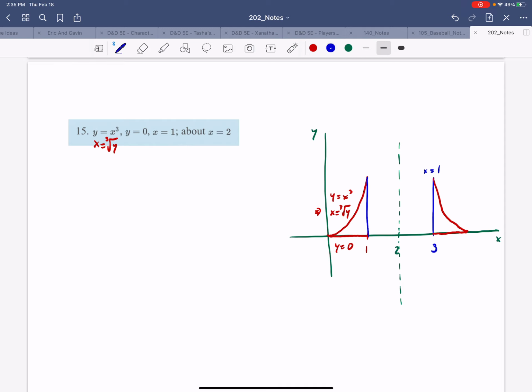Now, when we rotate, or we revolve our region, what can we get? All right, so we get this. Let's try to color it in. Think about what shape this is.